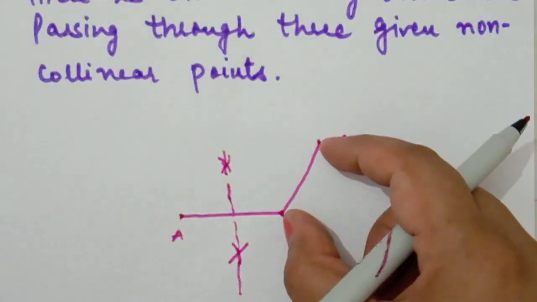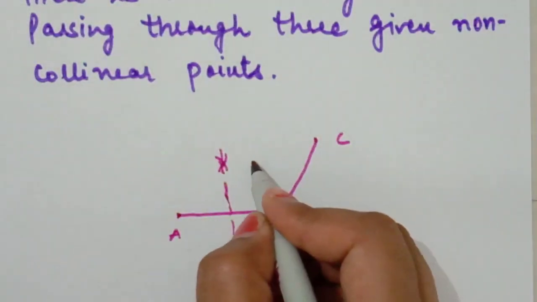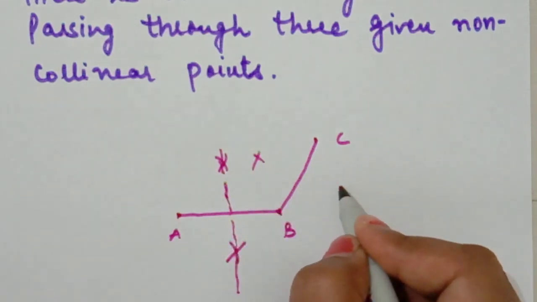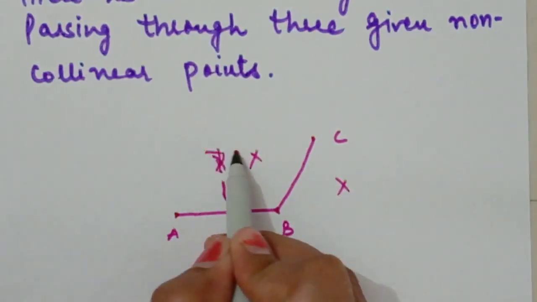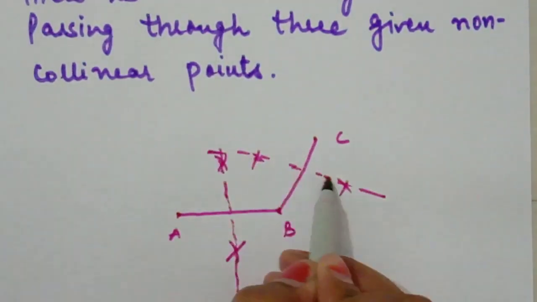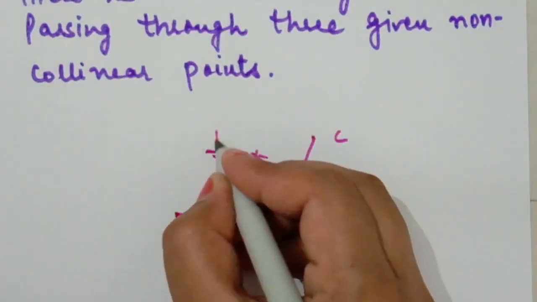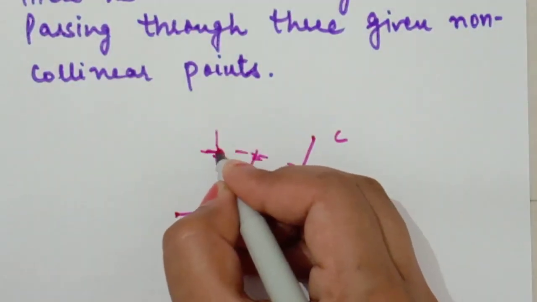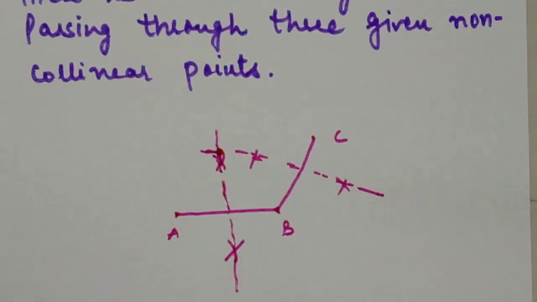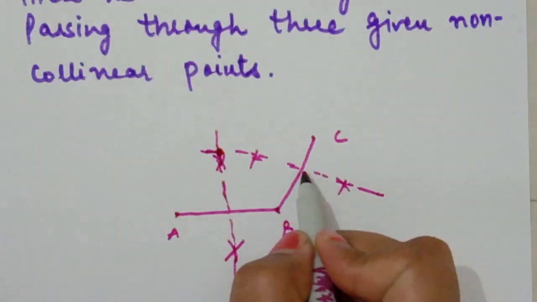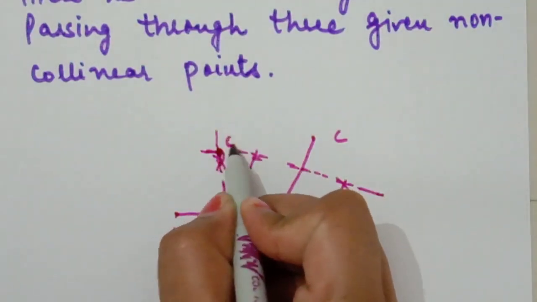Now we have another line segment BC. We have to draw a perpendicular bisector on BC also. The point at which these two perpendicular bisectors intersect each other, we call it the center of the circle.